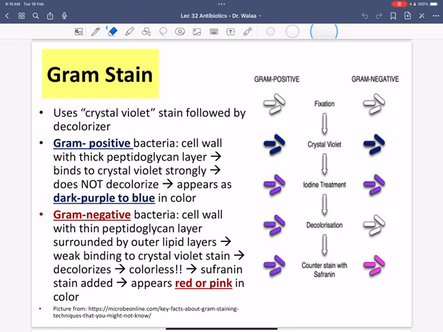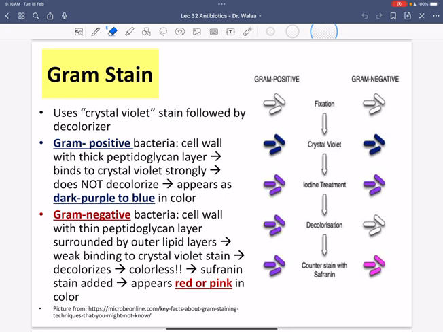So gram staining is using crystal violet stain. Usually gram-positive bacteria have a very thick cell wall, and it will take up the crystal violet stain really well. And when it goes through decolorizing, the color would still stay violet. It will stay stained.